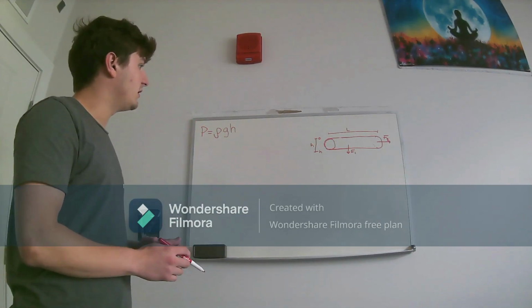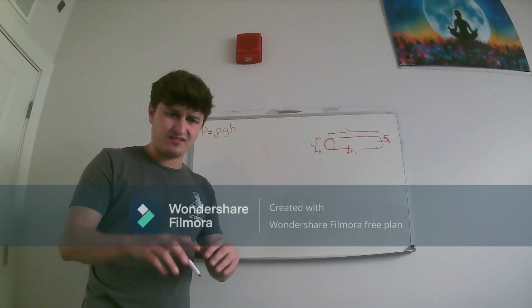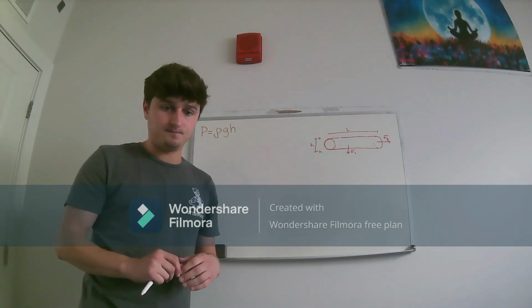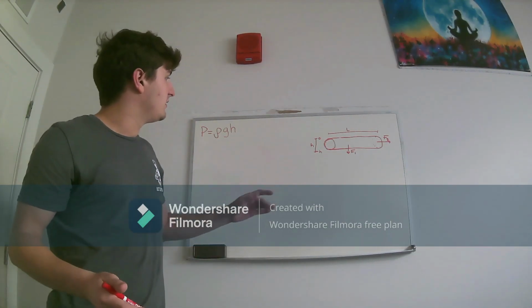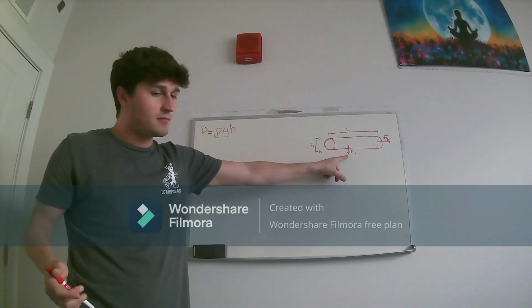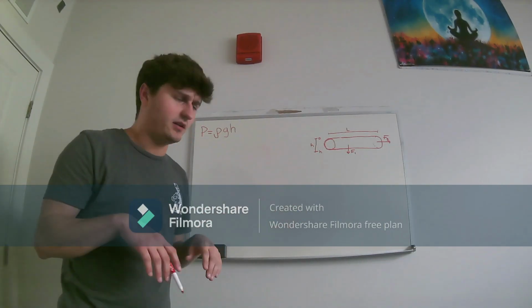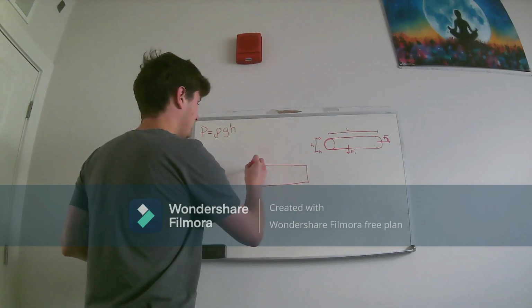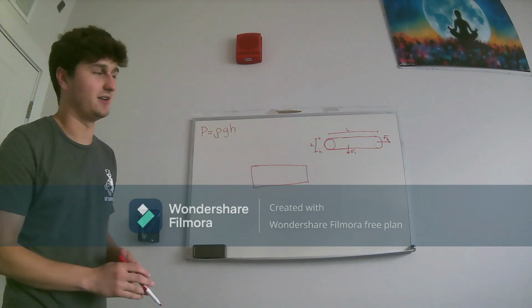Okay, so how are we going to distinguish this? We have a rounded surface. Now, one thing that we can do, this is going to make this first force right here a lot easier to integrate and sort of understand, is we can make this into a plane. Now, why am I drawing a rectangle? Because I can't draw 3D planes.